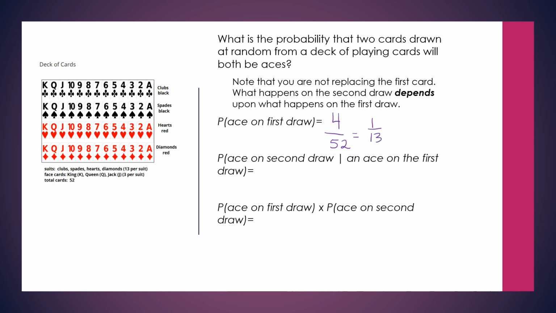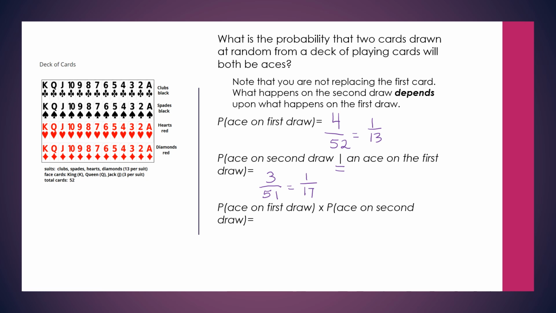For the second part, we want to know the probability of getting an ace on the second draw, given that we got an ace on that first draw. Since we have taken an ace out of the deck, there are only 3 aces remaining, and there's only 51 cards. This actually simplifies down to 1 out of 17.